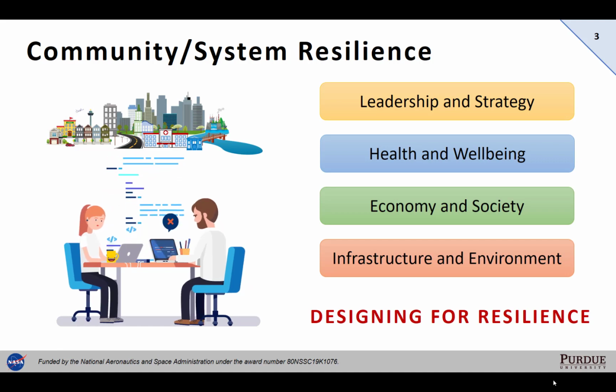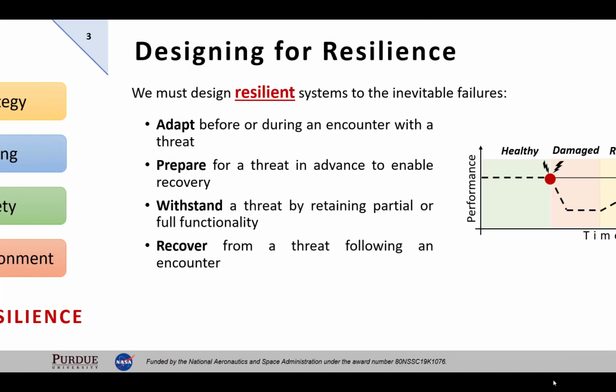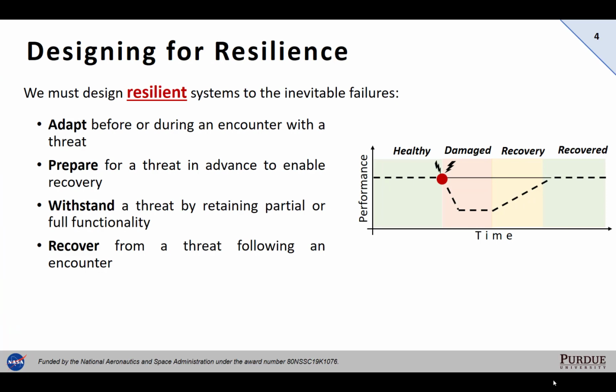And to do that, we need to design, keeping in mind that we will face inevitable events during the healthy state before an encounter with a threat. We need to adapt our systems or infrastructure to the needed requirements and make preparations in advance so that we can enable recovery in the future.